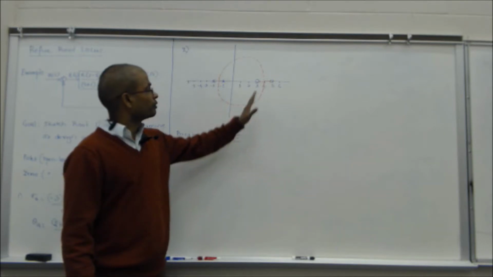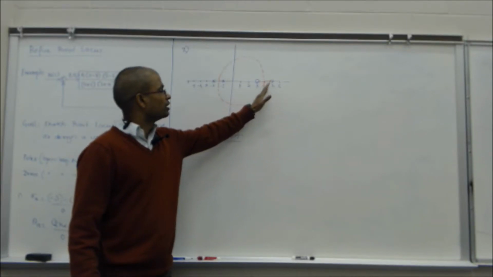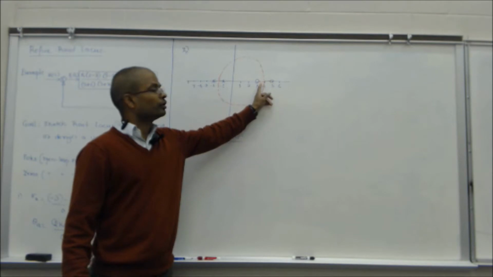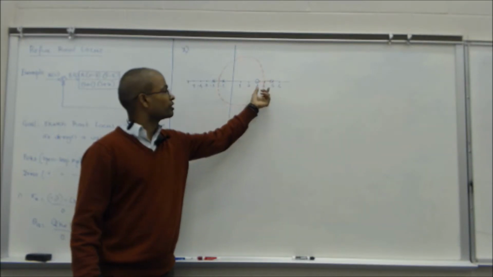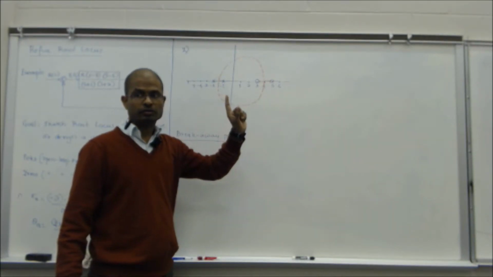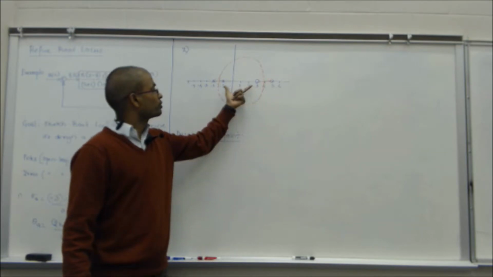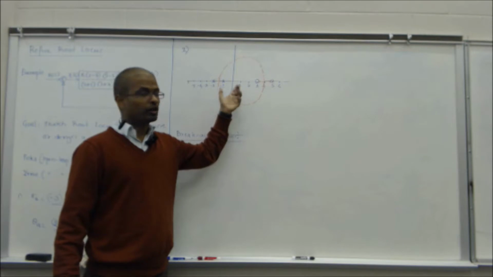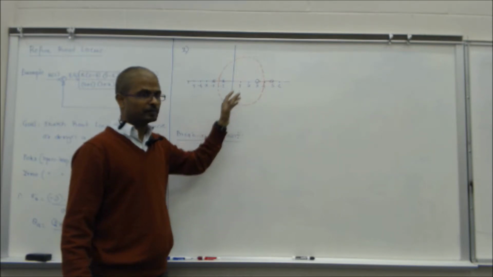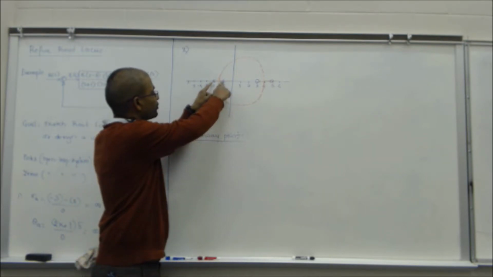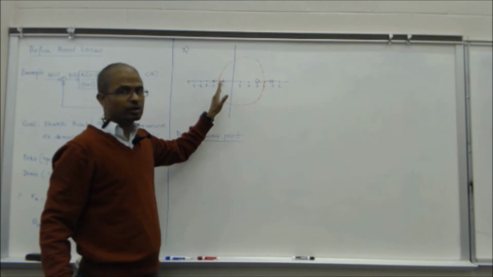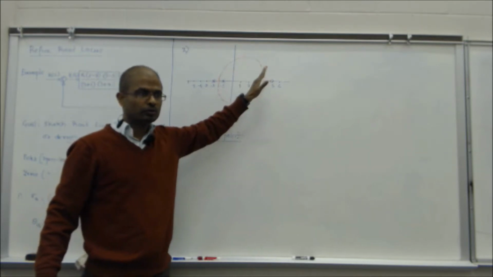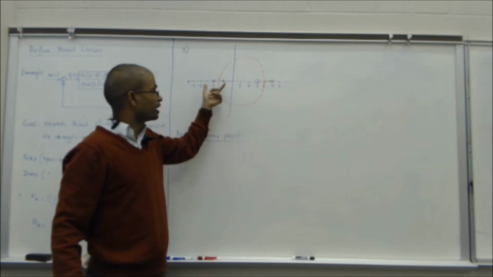So if you look at this, between this point and this point, to the right, there is just 1 zero. Between this point, there are 2 zeros. So root locus cannot exist in this real part. Again, between this point and this point, there are 3 zeros and poles. 1, 2, 3. So root locus can exist.